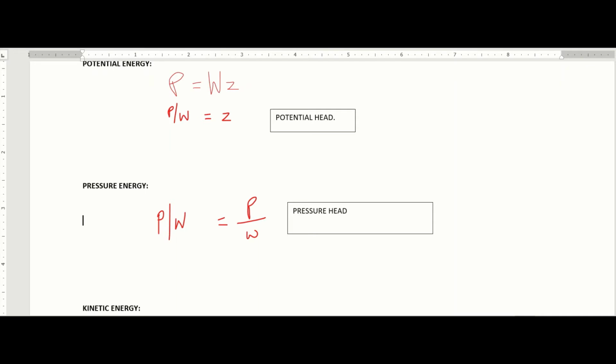Now, if you remember from our previous class, we said that specific weight is equal to density times gravity. So therefore we can say that pressure energy per unit weight is equal to the pressure over density times gravity. So this is the formula for pressure head.